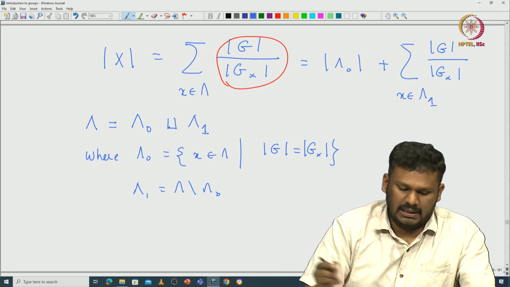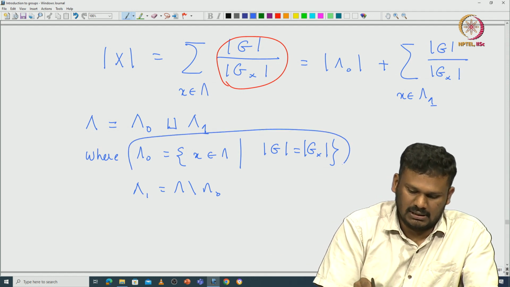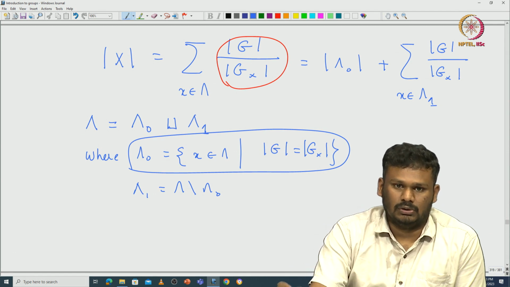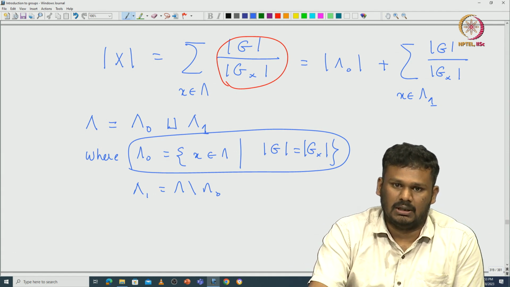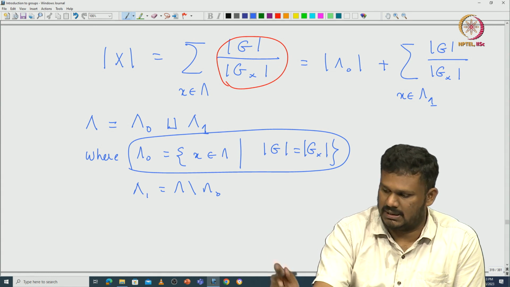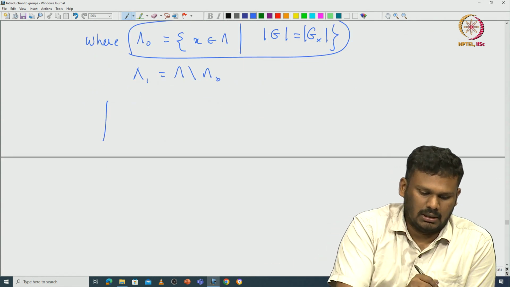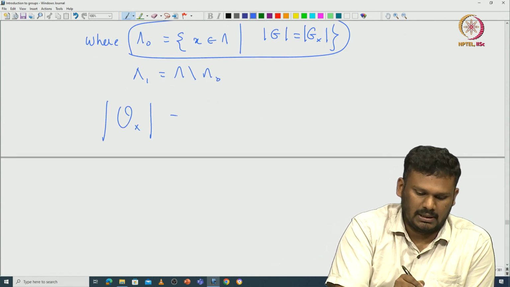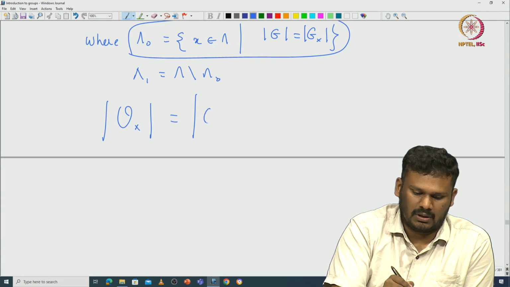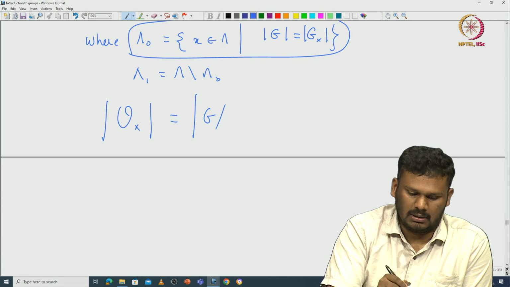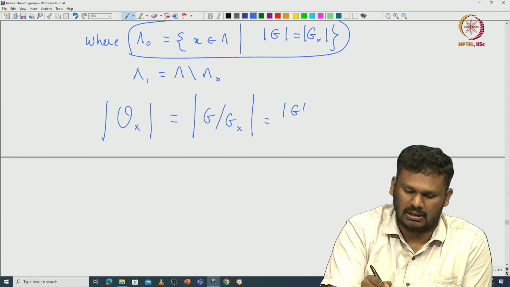Let us unravel what this set is, which is those x in Lambda such that the cardinality of G equals the cardinality of G_x. If you think about it, the number of elements in the orbit is exactly equal to the number of elements in this coset space G modulo G_x, which is the same as the cardinality of G divided by the cardinality of G_x.